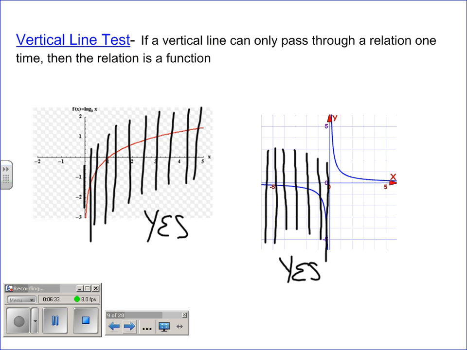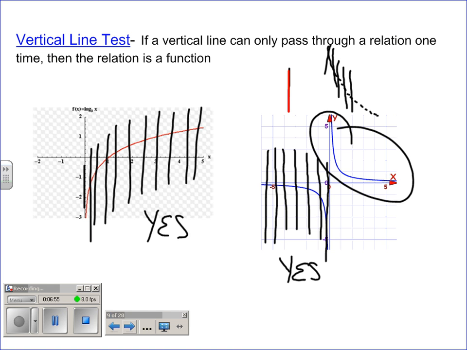I'll exaggerate it, but it's constantly approaching 0, but it never reaches it. So it's going to always have a curve, and when it has a curve, the line will never go through it. If it were a straight line, then a vertical line would end up going through more than one point. But this is constantly curving on either side. And it's approaching what we call an asymptote. So this is a function.